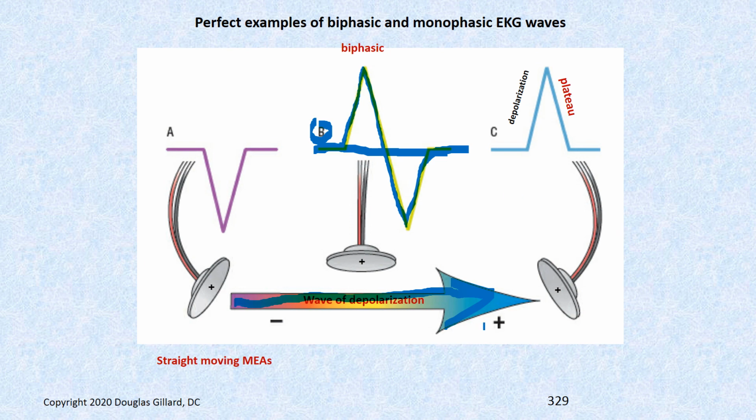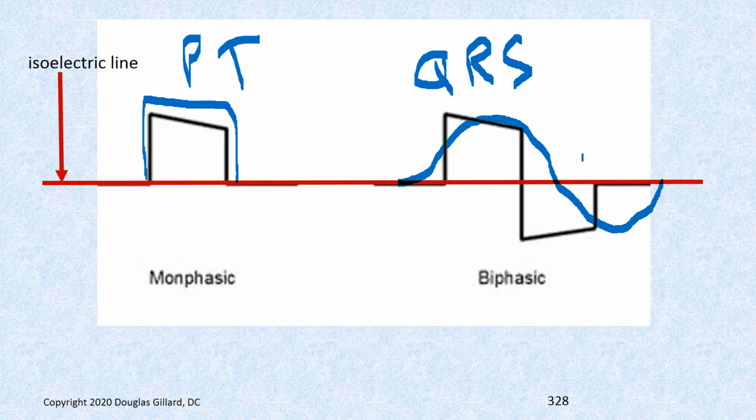What about lead C? They should have actually put it more like this, coming head on. There's the camera. It's coming head on. It's going to draw a wave that is monophasic, right? Monophasic, biphasic.